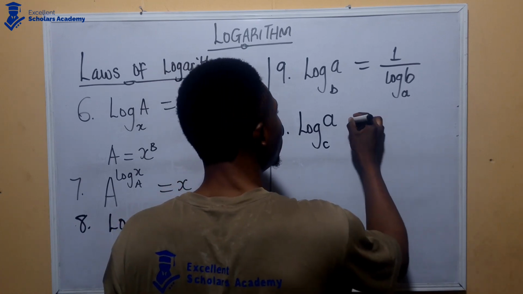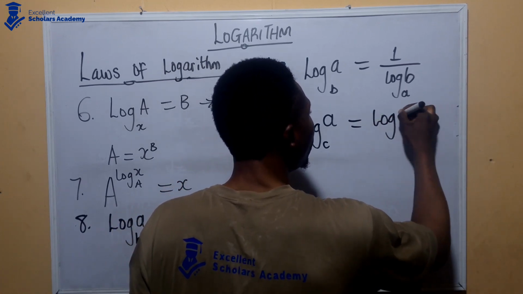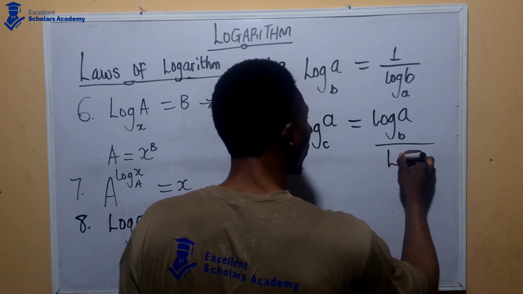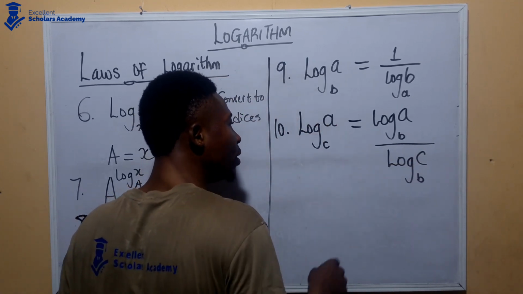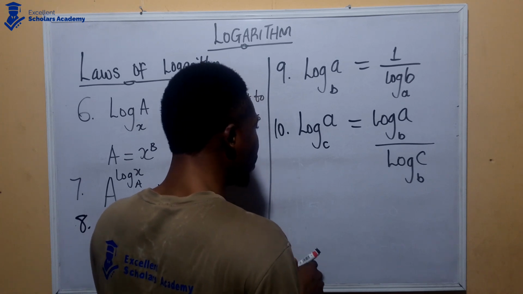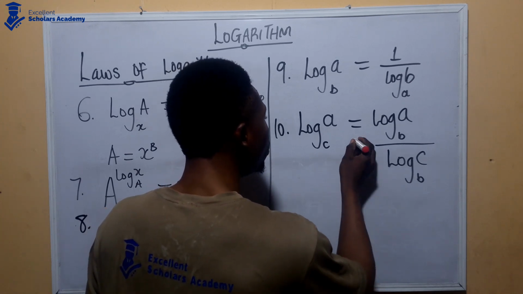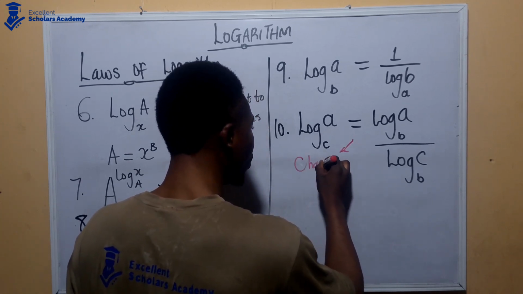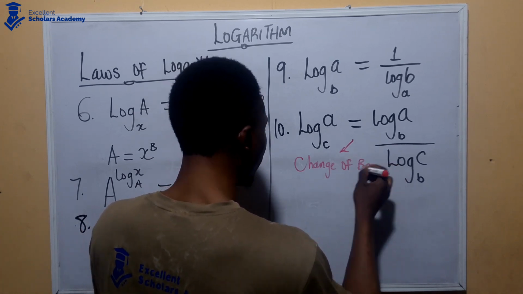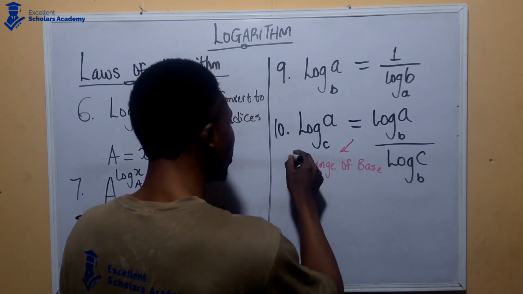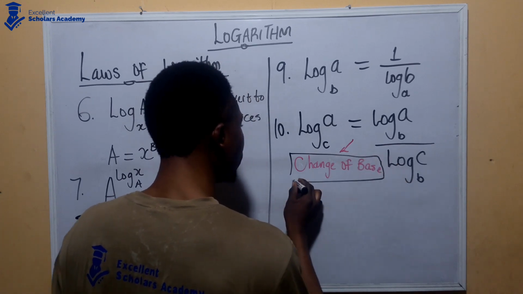Maybe let's say base b, so it becomes log a base b over log c base b. Like I said, this is called change of base.